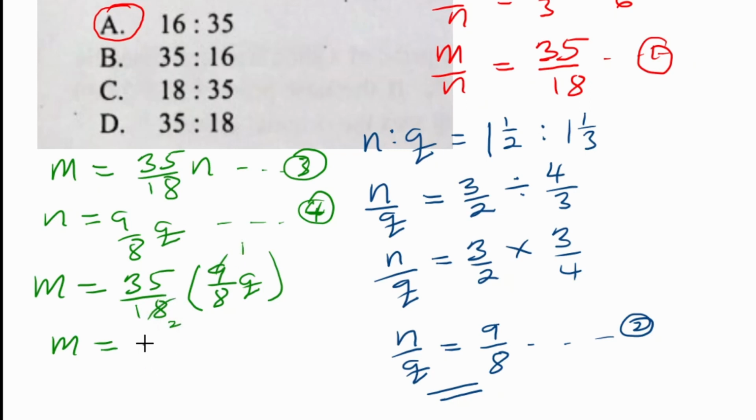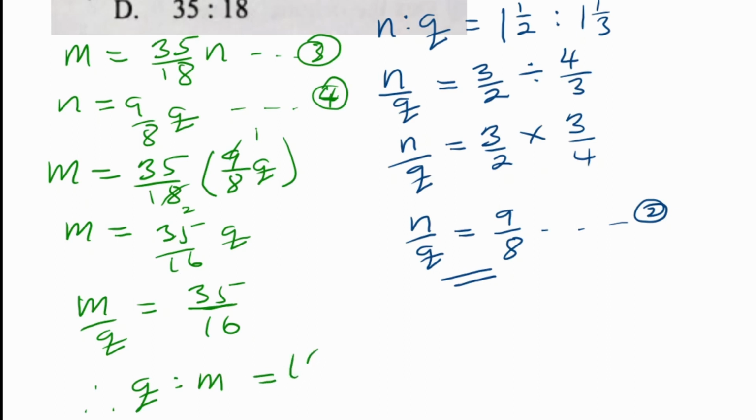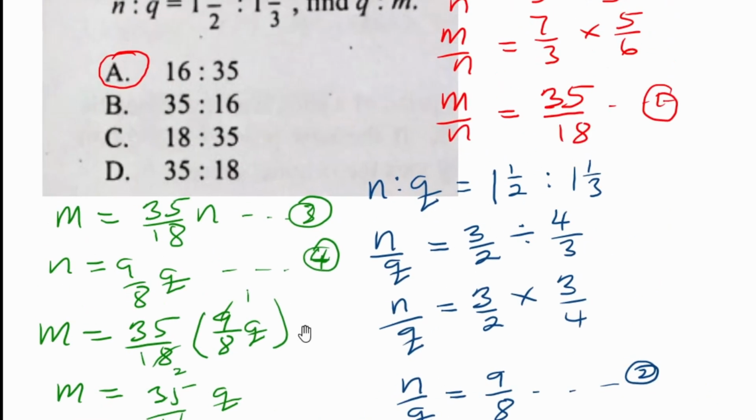So we have 35 over 16q. Then dividing through both sides by q, we are going to have m over q equals 35 over 16. And then that means that q to m equals 16 to 35, which is the first answer we saw.